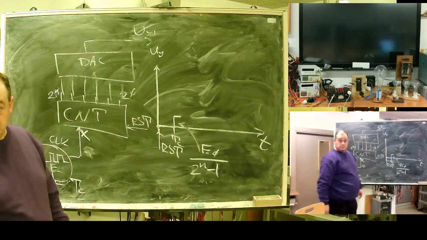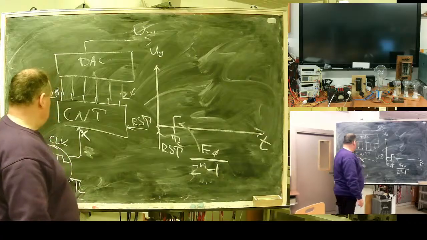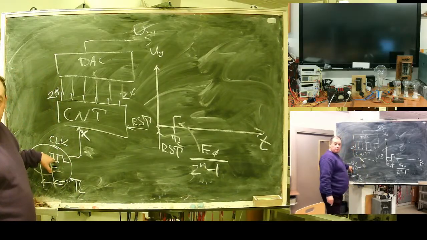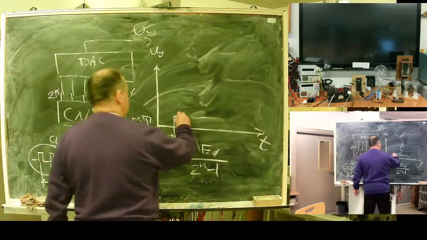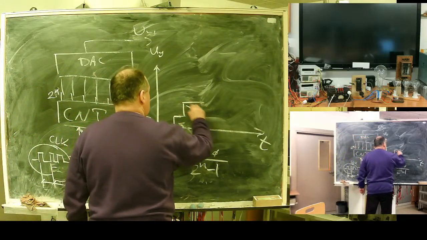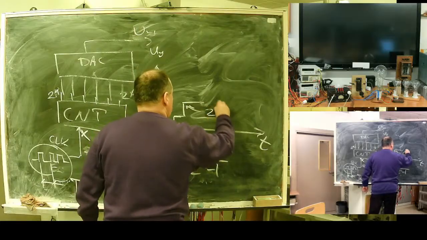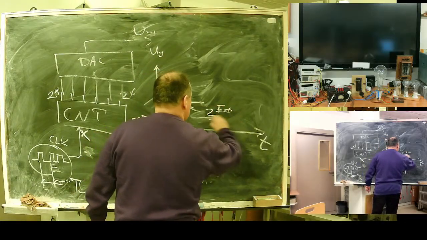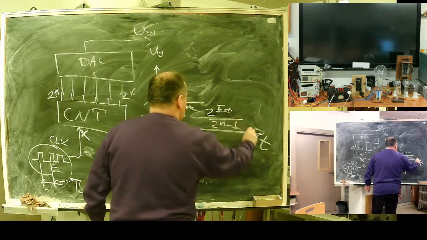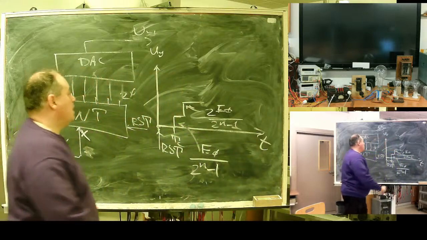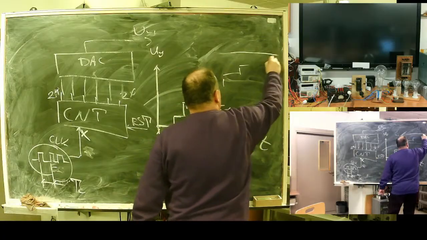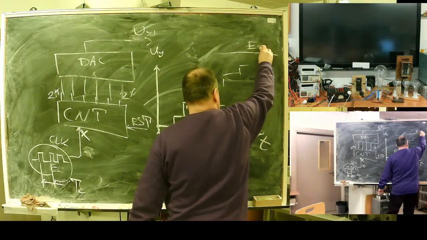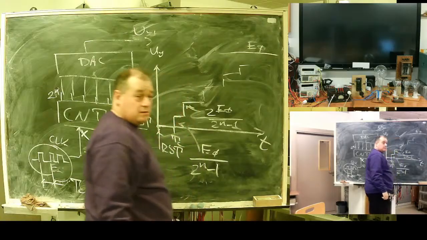Yeah? Next clock. What will be the contents of the counter? 2. This point is double, E0 divided by 2 to the n-1. And so on, and so on, and so on. In reality, it will stop at E0. Yeah?